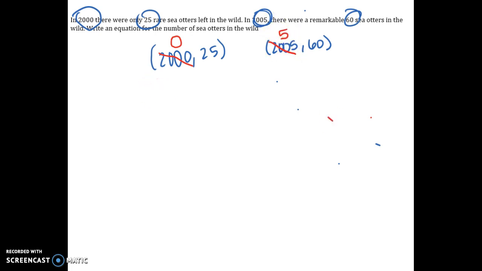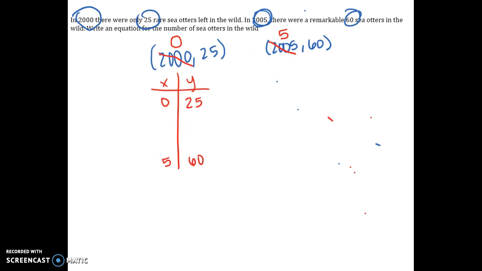And it makes my numbers smaller and easier to work with if I do it that way. So since I have my 2 points in my 0 year, I have 25 otters. And then 5 years later, I have 60. Let's make a table. And I'm going to leave some space.